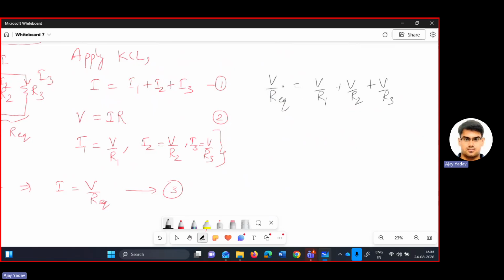On the left hand side and right hand side, V is common. So you can say that 1 by R equivalent is 1 by R1 plus 1 by R2 plus 1 by R3. In this manner, you can simplify this further and calculate the value of R equivalent.